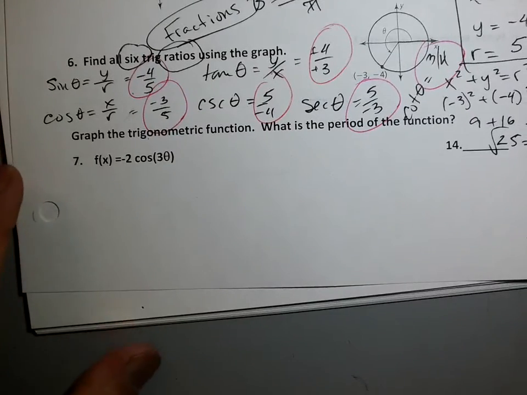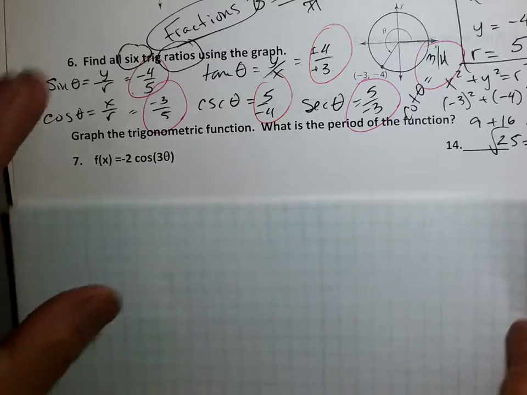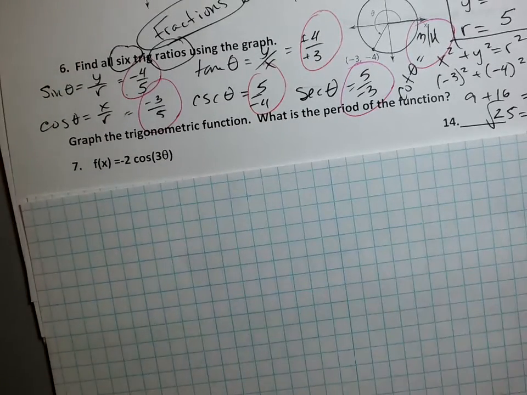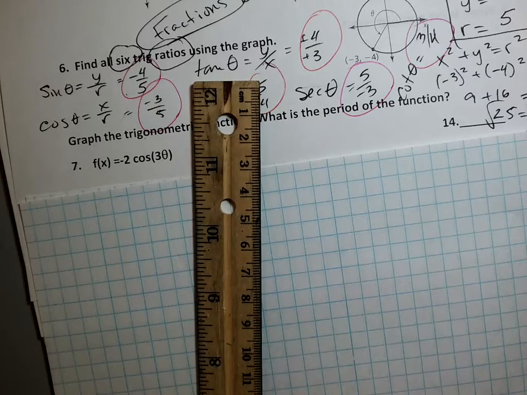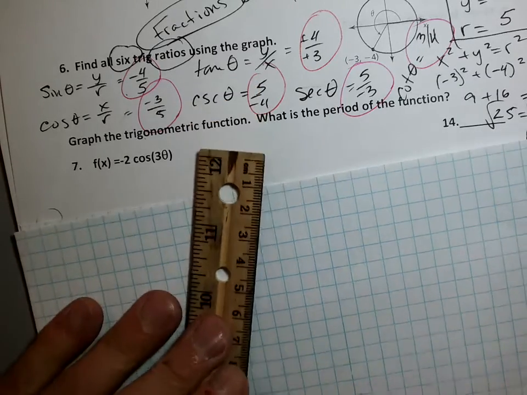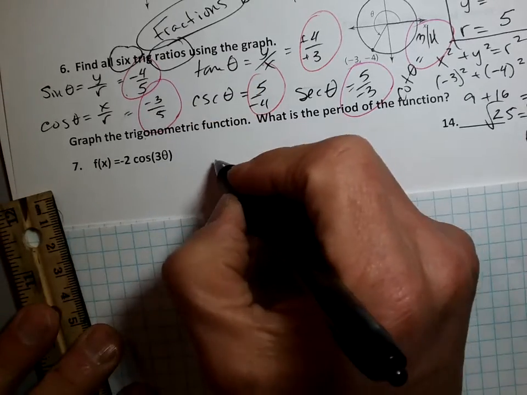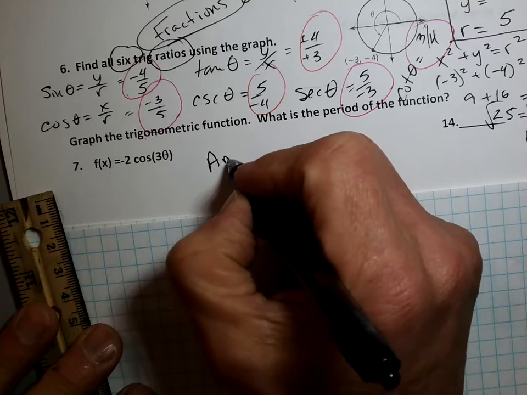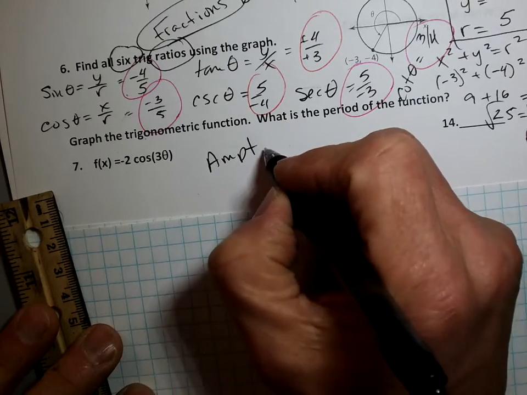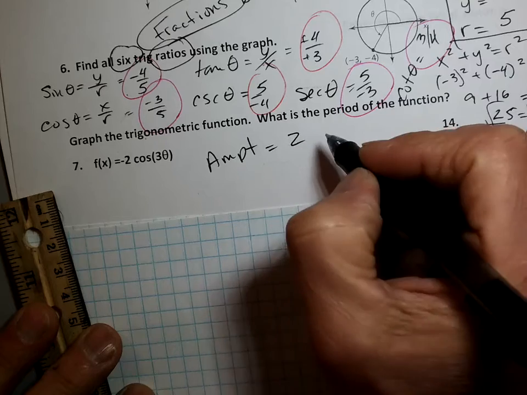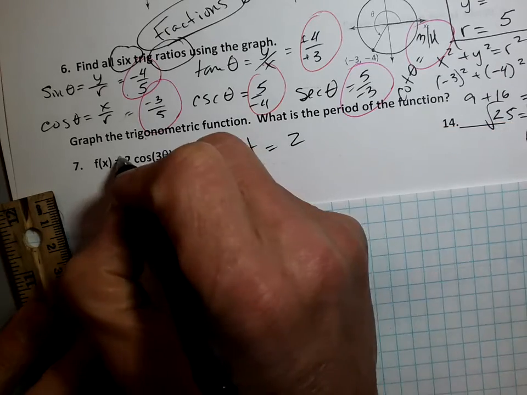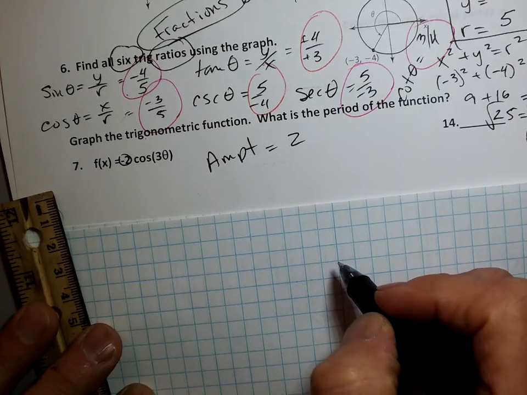Let's graph this. Okay, my graph paper is over here. So I'll put a circle on it. Now, I know a couple of things. When I start this, the first thing I like to do is put down some things I know. I know the amplitude is 2, but it's got a negative, right?